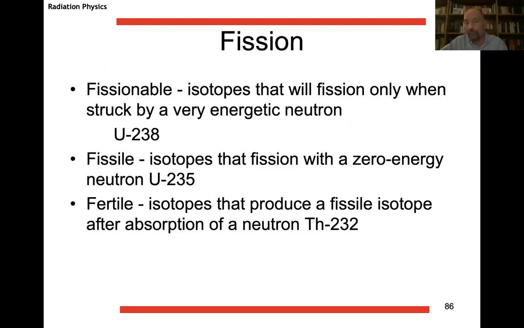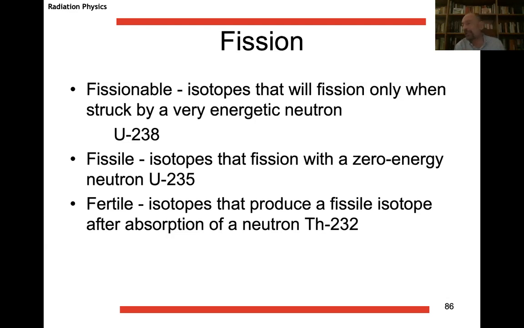For fission, we will not touch very much on fission in this course, because we do more in the course in radiation biophysics for the implication in nuclear terrorism. But in any case, you should know that the materials for fission are divided in fissionable, those isotopes that will fission only when struck by a very energetic neutron, typically uranium-238.